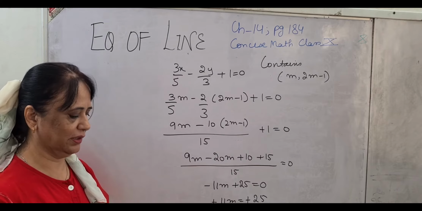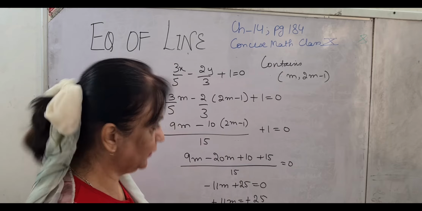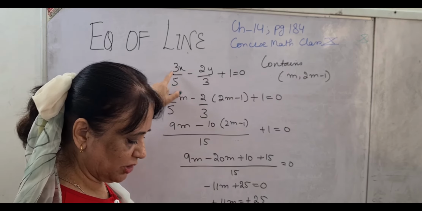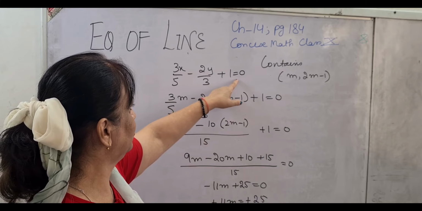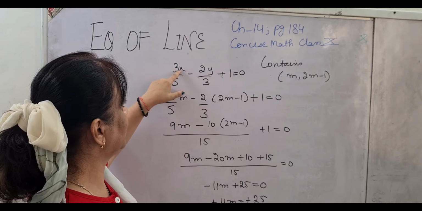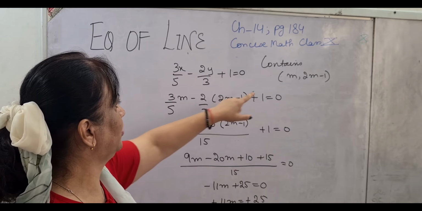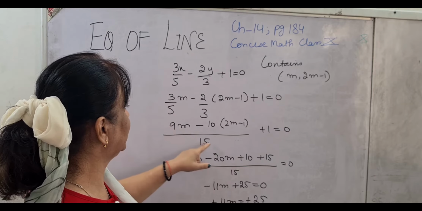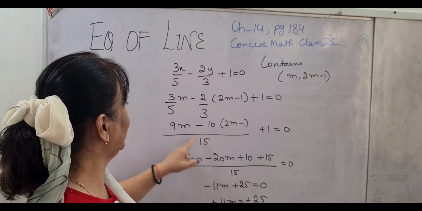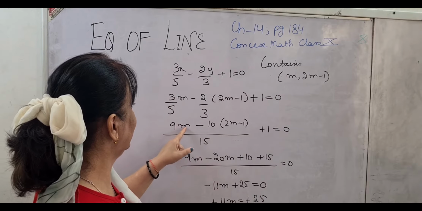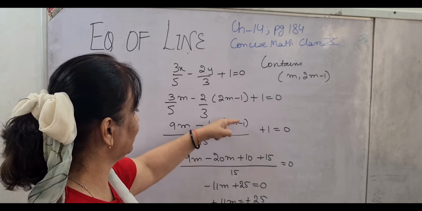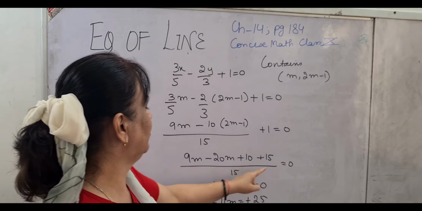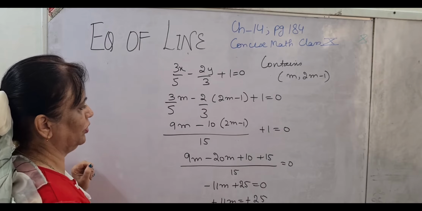According to this, you put the values in 3x upon 5 minus 2y upon 3 plus 1 is equal to 0. See, I have put m in place of x and 2m minus 1 in place of y. I took the LCM of the first two first, 15: 3 3s are 9m, minus 5 2s are 10, 2m minus 1. Then again I took the LCM of both; you can do it in one go also if you want to.